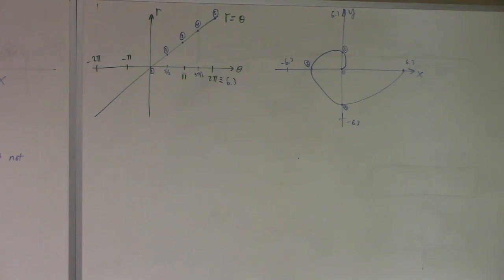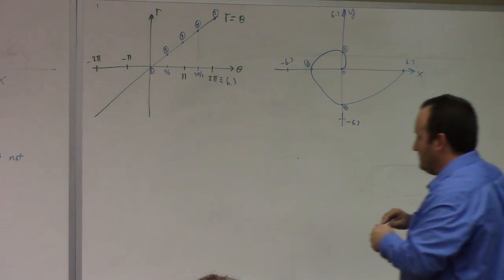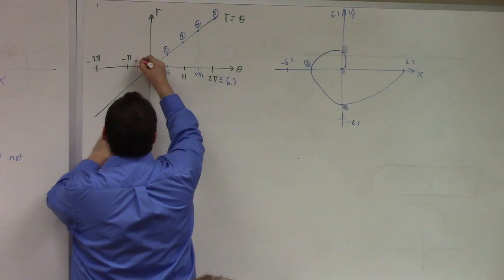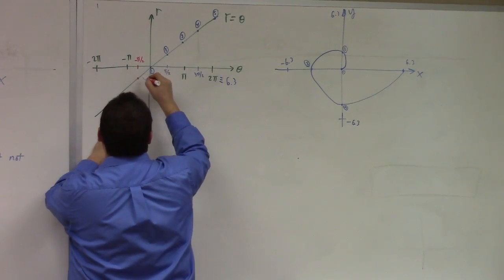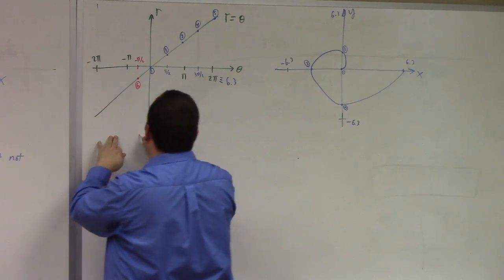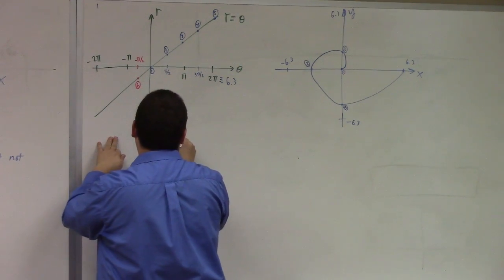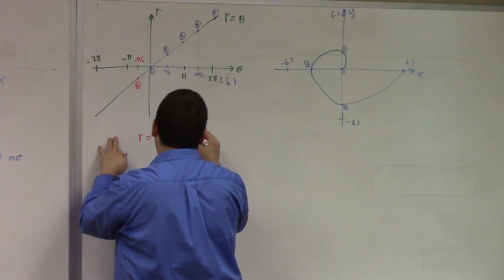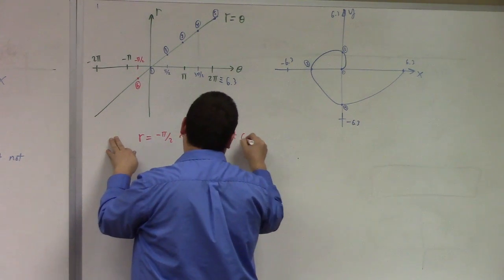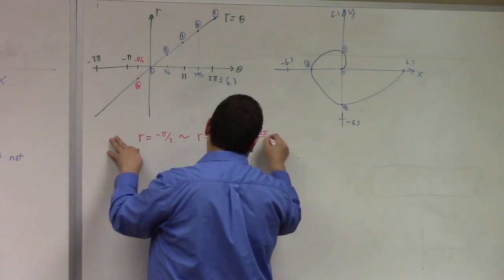What happens when we go to minus pi over 2? I'll do this in red. So like here, minus pi over 2, let me call this 6. So I've got r equals minus pi over 2, which is equivalent to r equals pi over 2 at theta equals 3 pi over 2, right?